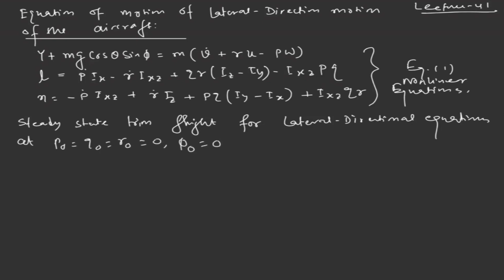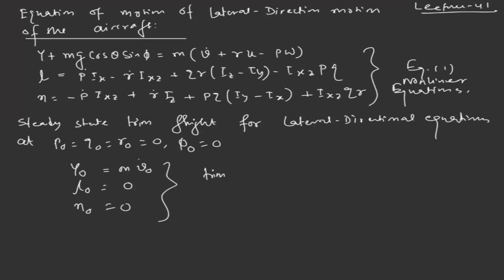For these conditions, the steady state flight equation for the lateral directional equation, we can write Y0 equal to m V0 dot and L0 equal to 0 and N0 equal to 0. So this is the trim flight.